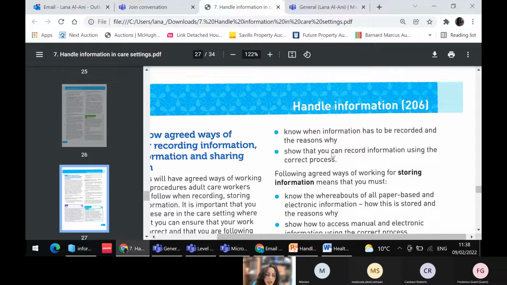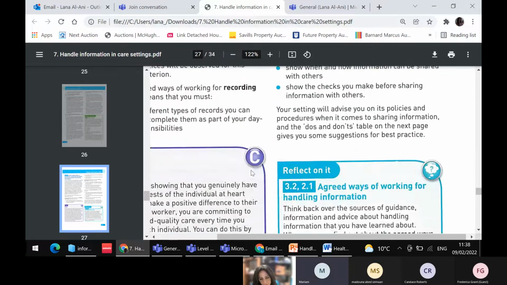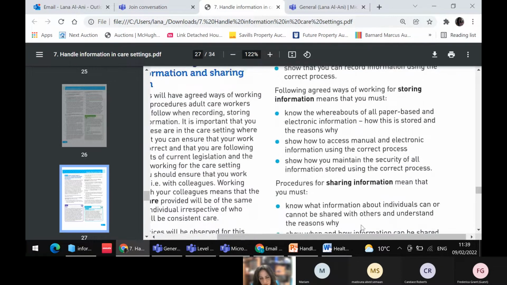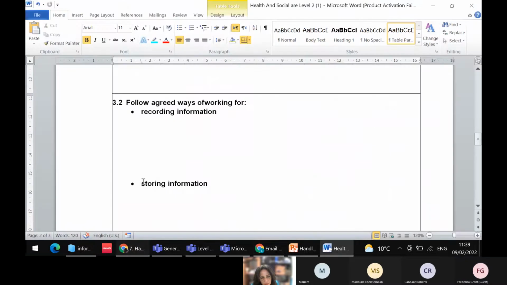So at workplace, I always make sure that the information I recorded is under the correct process. Okay? So I'm just really changing these bullet points.